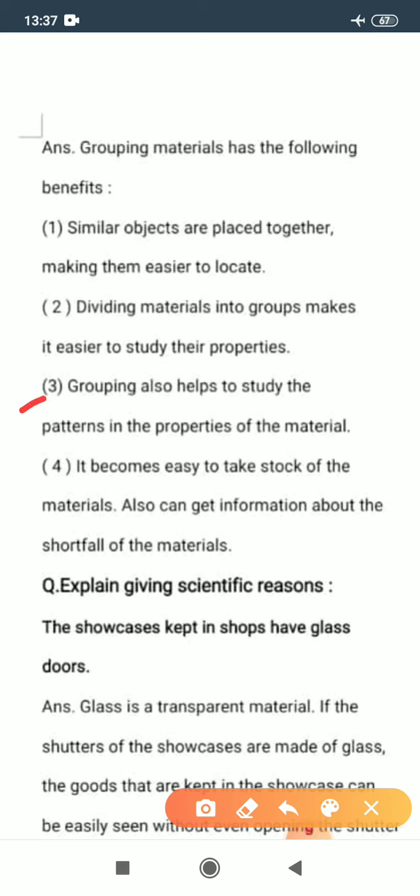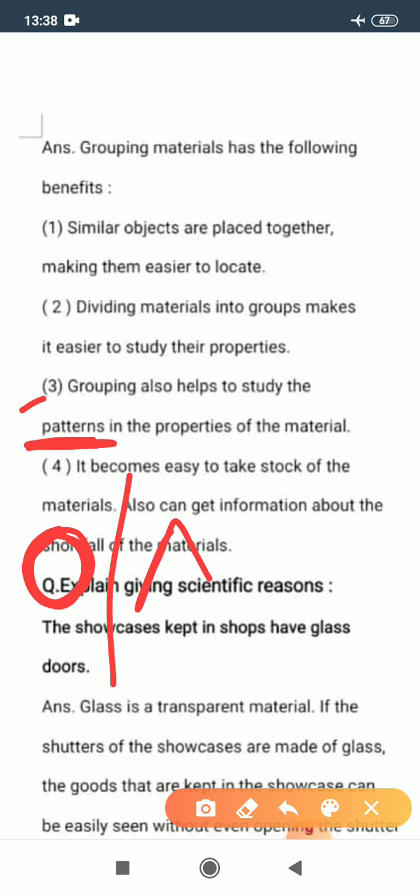Our next point is point number 3. Grouping also helps to study the patterns in the properties of the material. Suppose I have grouped objects into different patterns: the circle pattern I have divided on one side, the triangular pattern on another side, and the rectangular pattern in another.